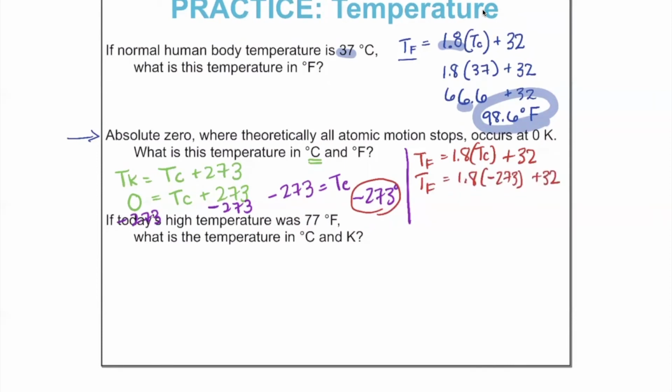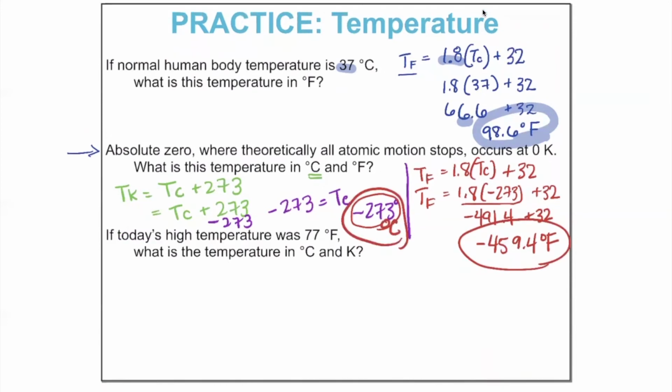So if I punch into my calculator 1.8 times a negative 273, this value right here is negative 491.4 degrees. And if I add to that 32 degrees, now you can do this all in one step in your calculator, but for those of you who want to do it stepwise, I'm showing you. If we add 32 to that value, the answer would be negative 459.4 degrees Fahrenheit. Oops, I forgot to put our units over here, degrees Celsius.